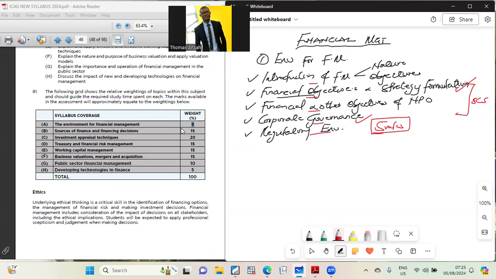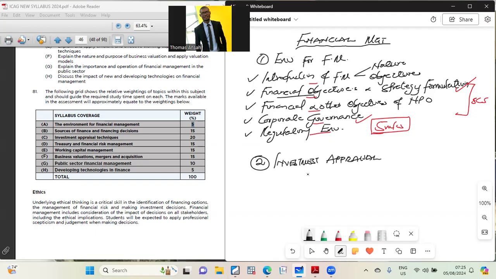Then when we are done, we come to the second topic. Even though it has been arranged as sources of finance and financing decision, from my side, the second thing we will be discussing wouldn't be sources of finance. It will be how to do investment appraisal.